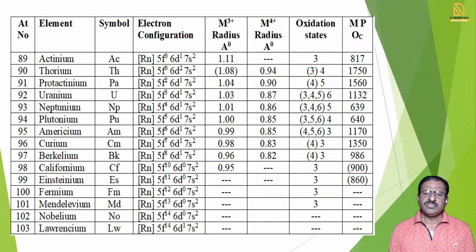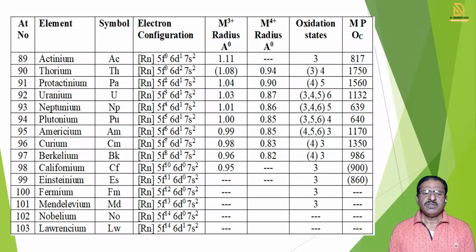In the inner transition series there are two series, one is lanthanide and the other is actinide. The actinide series starts in the 7th period, in group 3B, with the element actinium, atomic number 89. From that, this series is started.